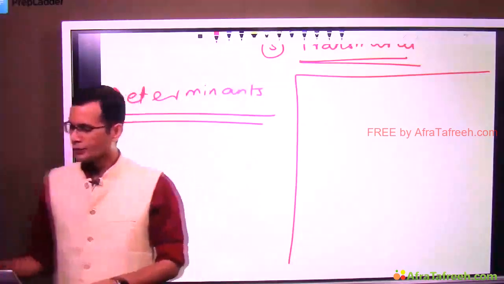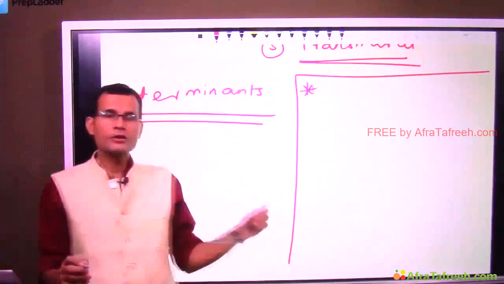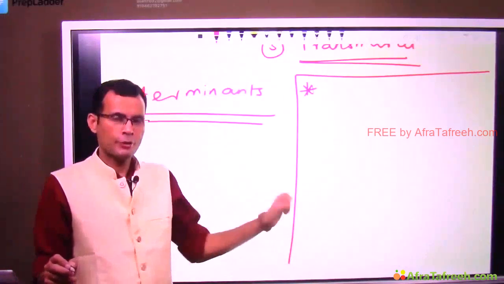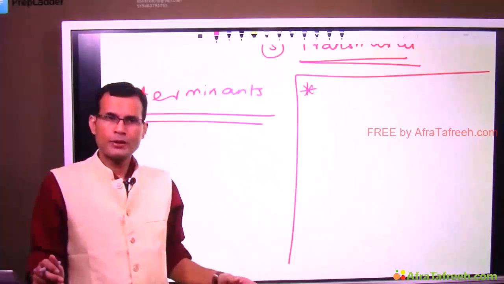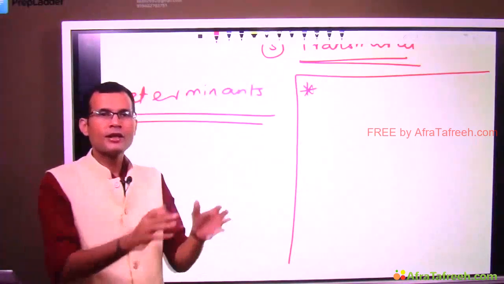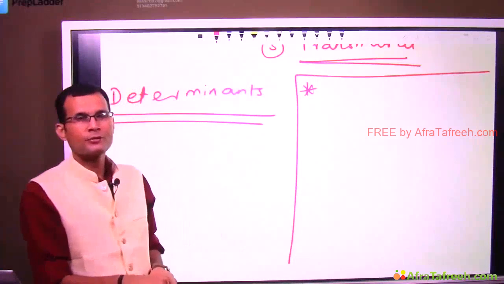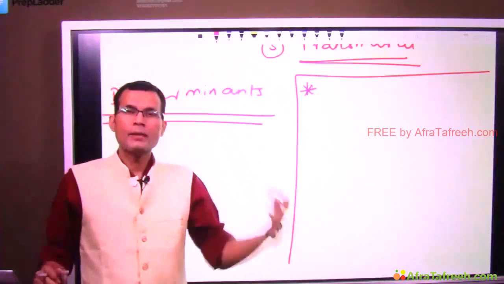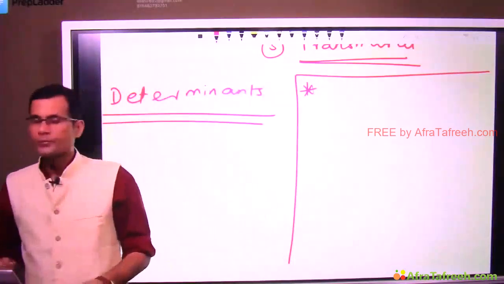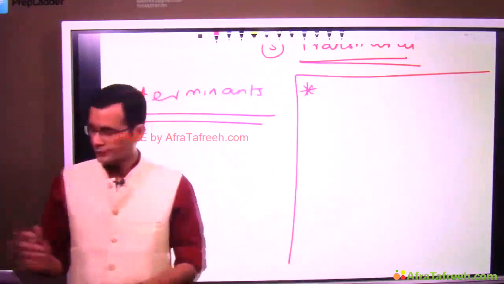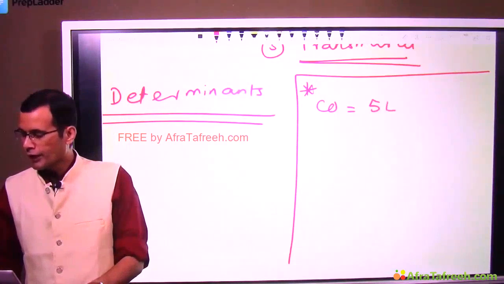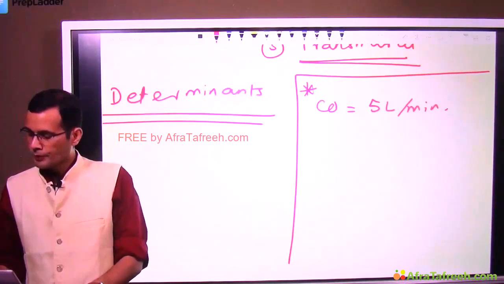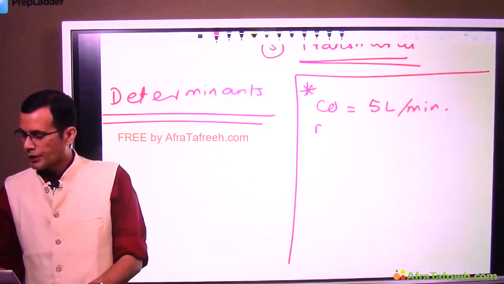For example, take this one, determinants of arterial blood pressure. The question related to this: a man is admitted in the hospital. So see, a clinical garb has been given to the question. So in this man, 50-year-old man, these are the findings. His cardiac output is 5 liters per minute, and his blood pressure is 90 mm of Hg.